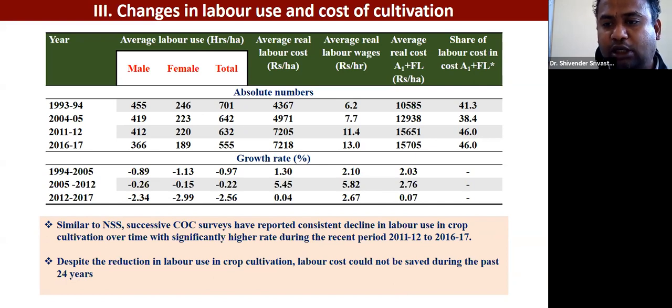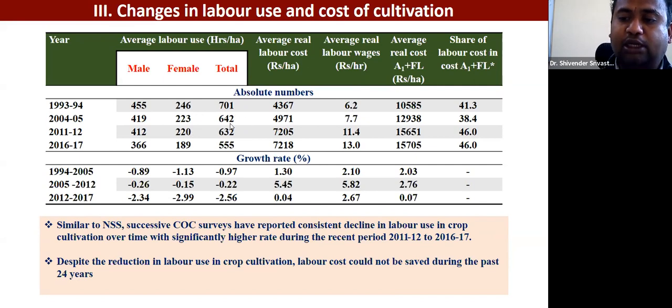But what happened is, despite the decline in labor, you can see that between 2003 and 2011, the real labor cost increased. The reason was that the increase in labor wages was much higher as compared to the decline in labor use.